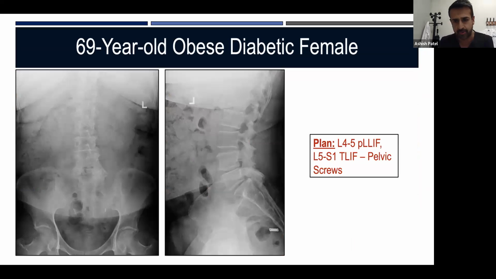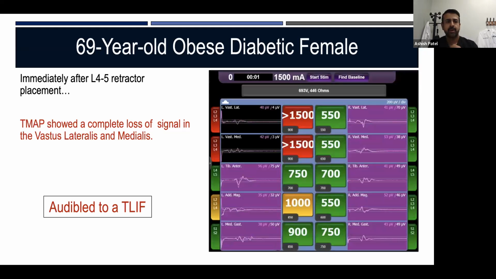Here's a case example of a patient, L4 through S1 disease, and plan for L4-5 prone lateral. I placed the dilator. EMG showed I was in a safe spot. I placed the rest of the dilators in the retractor, opened it initially, and ran my TMAP as I usually do, and I lost my signals on the approach side in the vastus lateralis and the medialis.